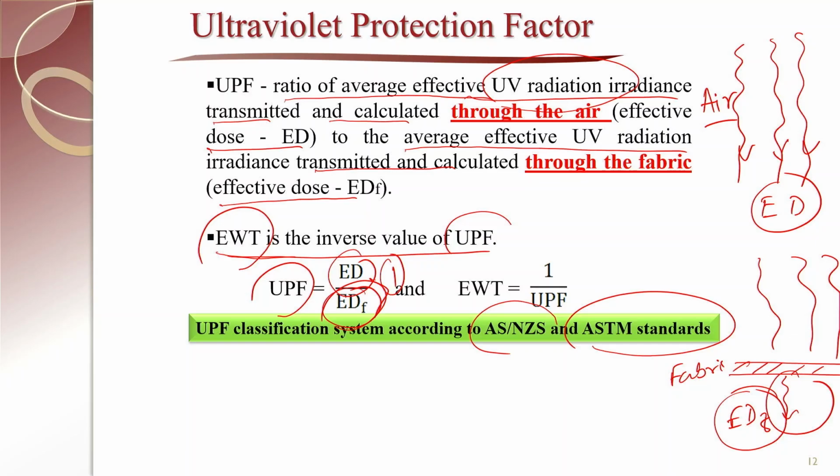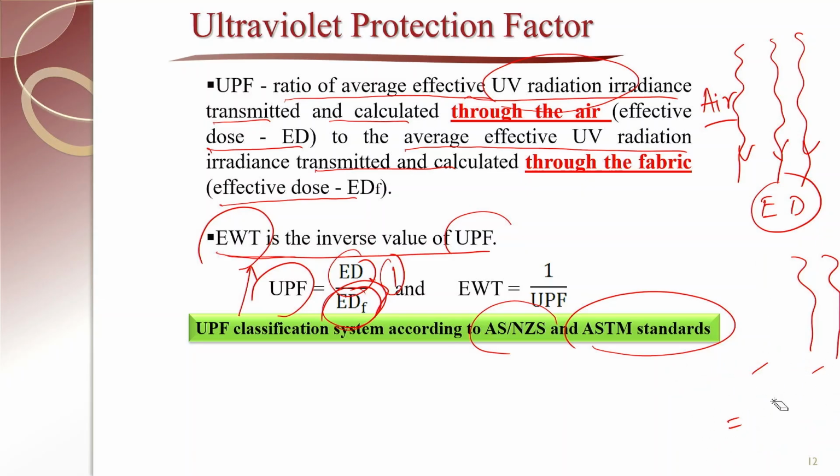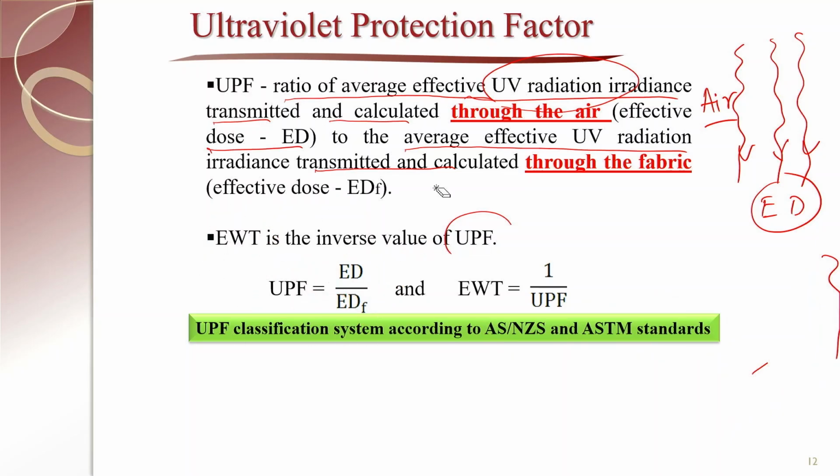That means the blocking of UV ray is more, so UPF will be higher. So, let us see the typical ranges of UPF and how much percent of this ray is absorbed.